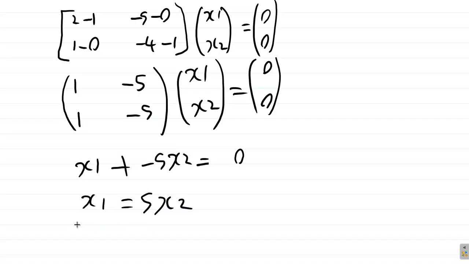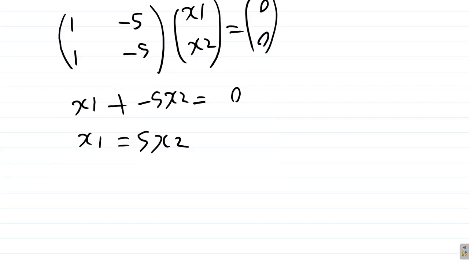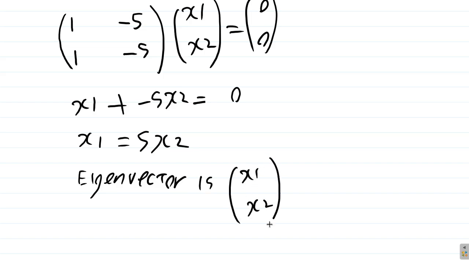So what you're going to have for the eigenvector is in the form x1, x2. But in this case now, you say x1 is equal to 5x2.